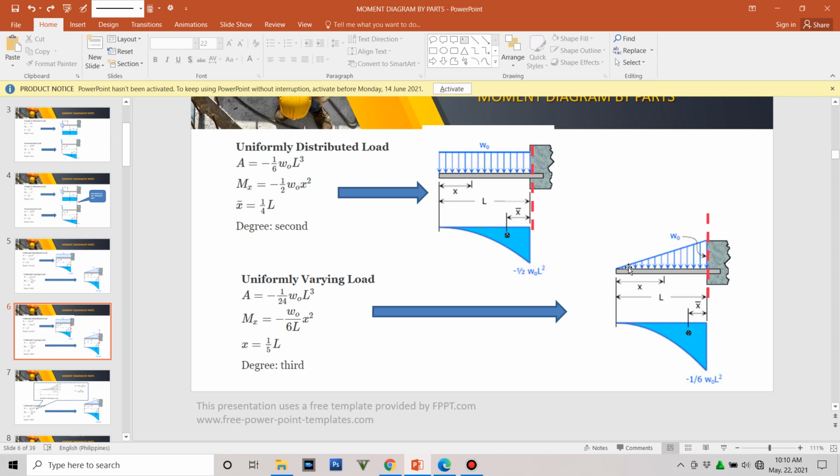When there is a varying load, it has a height. It has a 0 point here and a height. The formula for this is very specific: its reference line is where the height is. Okay? The height of the spandrel is there. So, when there is a uniformly varying load, you always choose your reference line at the height of the triangle or this spandrel. So, the ordinate there is equivalent to WL squared all over 6.